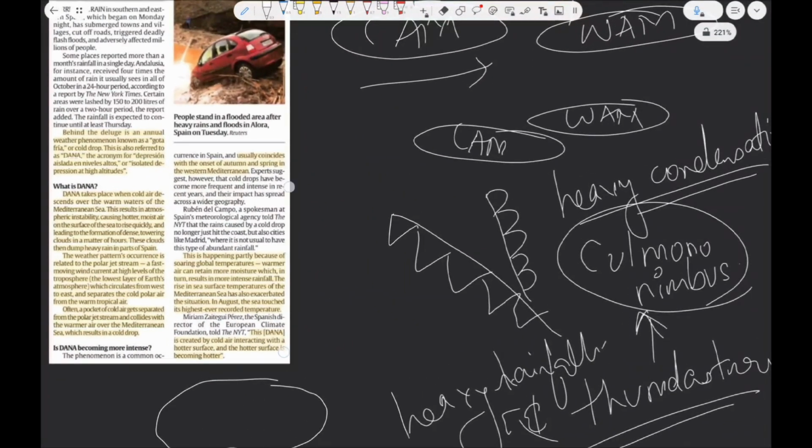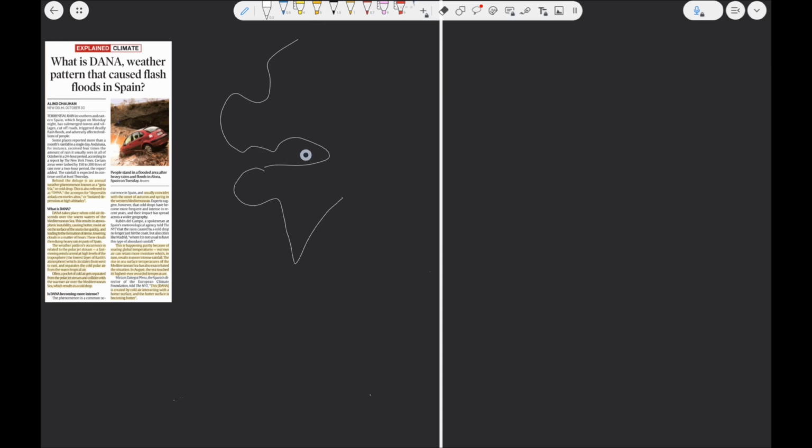Understood? And see, this is the Mediterranean Sea. This is Spain. That is Europe. And this is Africa. Now, here is the warm air mass, and here is the cold air mass.